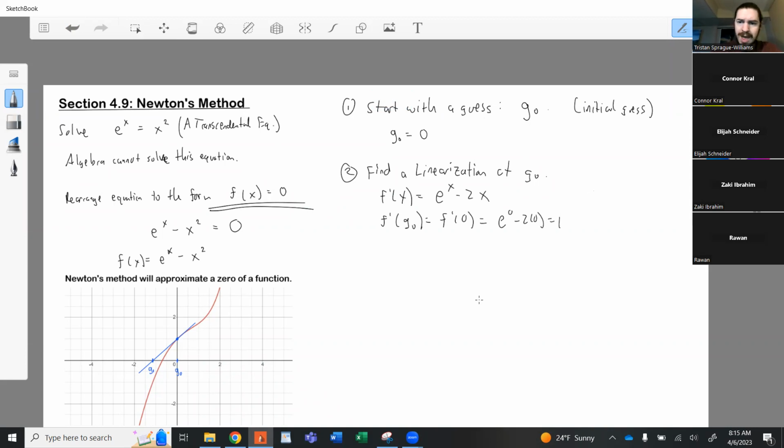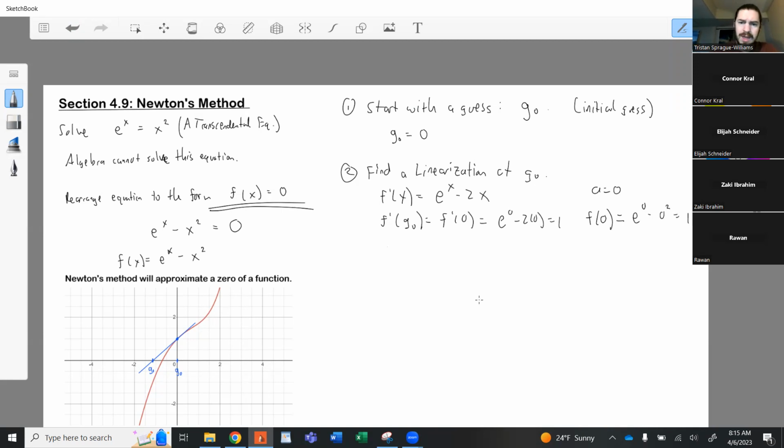We also are going to need to know f of 0. So our initial point is 0, and f of that point is e to the 0 minus 0 squared, which is also equal to 1.